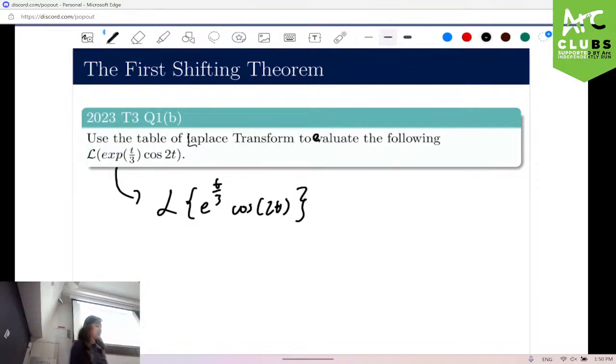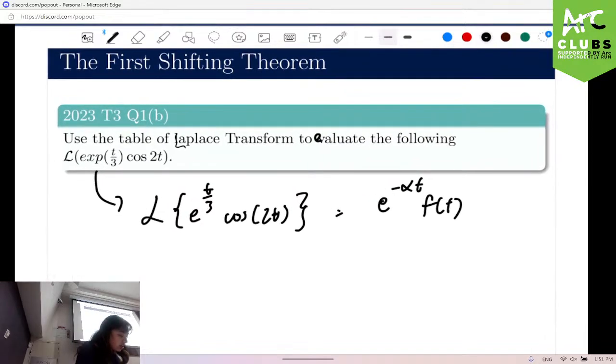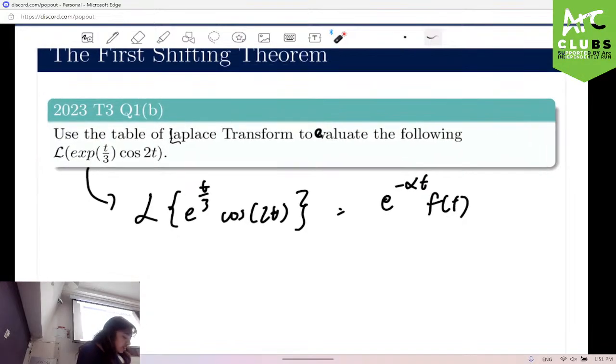So this is like what we have in the table of Laplace transforms. This is very similar. This mimics the e to the minus at f(t), right? The exponent in the function here is going to cause a shift in the s-space function F(s).